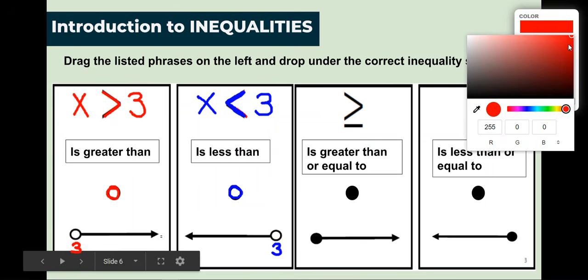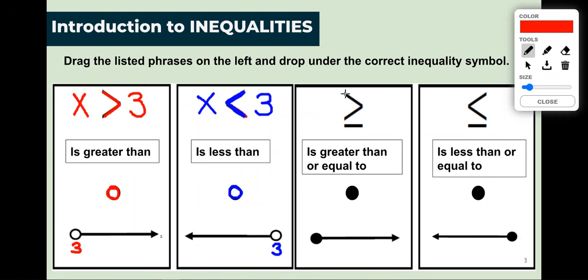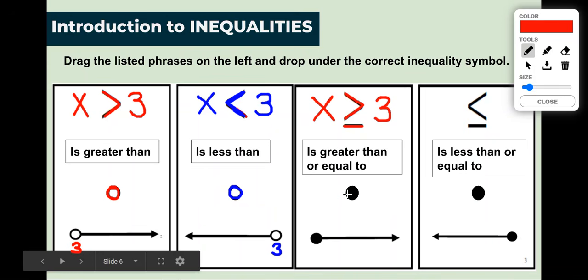You'll also have the greater than symbol, but with a line underneath it. It still means greater than, but now it also includes that value as equal. So x is greater than or equal to 3, and it's expressed with a closed circle that is filled in.